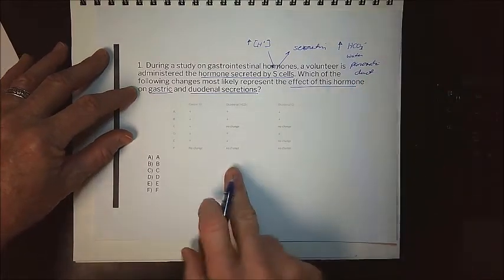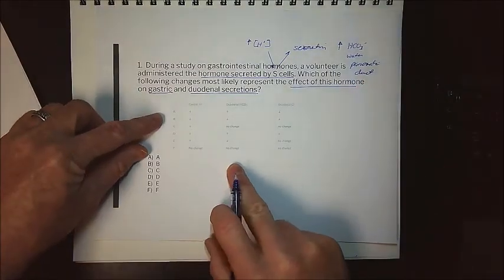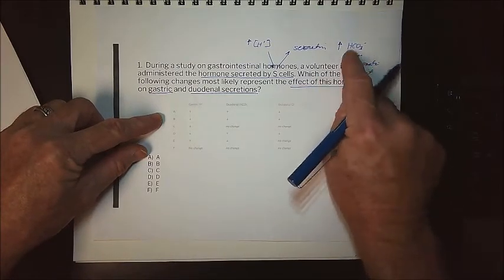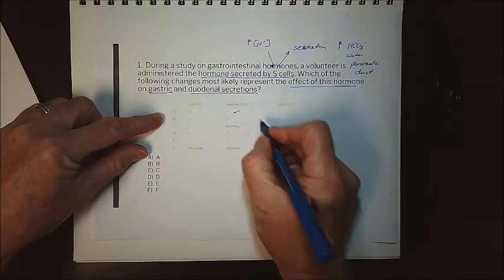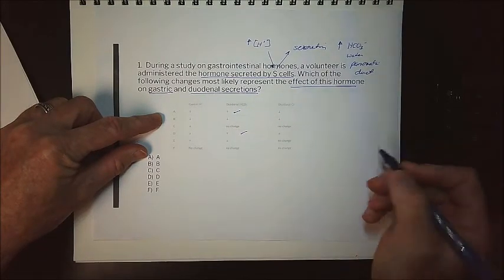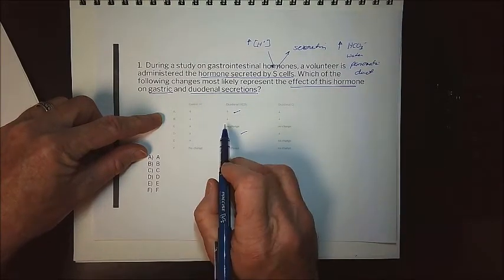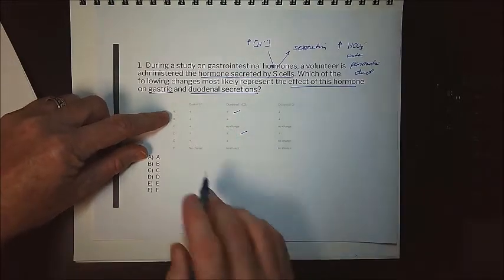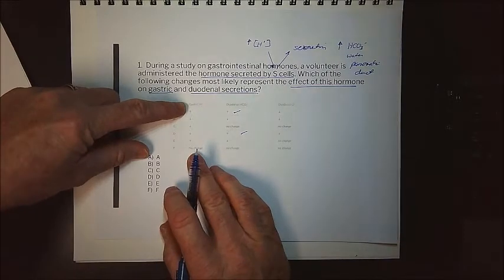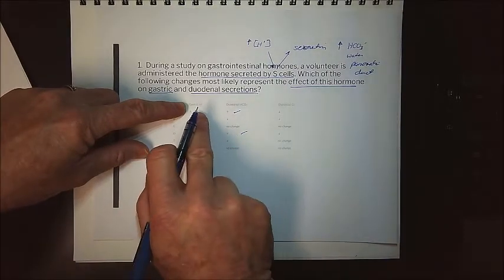So now let's look at our answer choices here. The first thing we're going to want to do here is increase our bicarb. So this looks good. Okay, it's not going to decrease. It's not going to have no change at all. Now, the other issue is gastric pH, the hydrogen ion concentration.